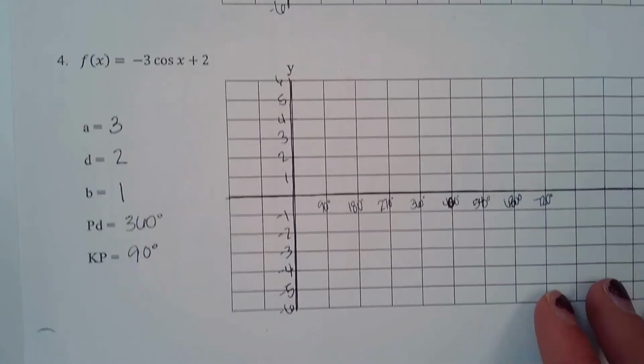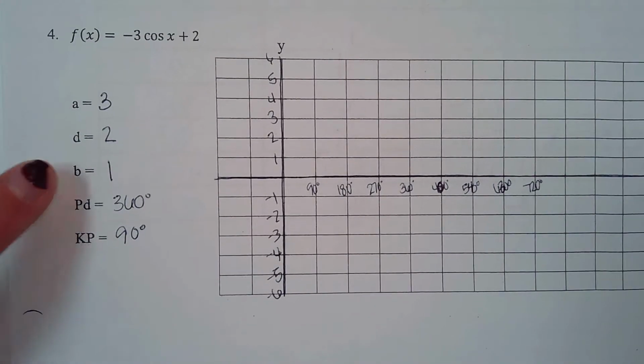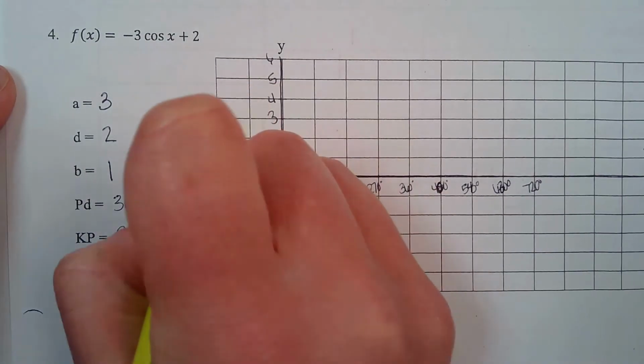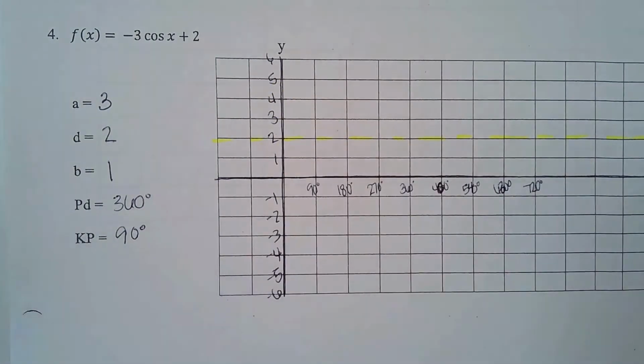Alright, so like we were saying before, because we got that negative out front, we've got to get our midline in there first. I'm getting ahead of myself. So that midline's at positive 2. So instead of starting 3 up from there, we would go down 3, right?